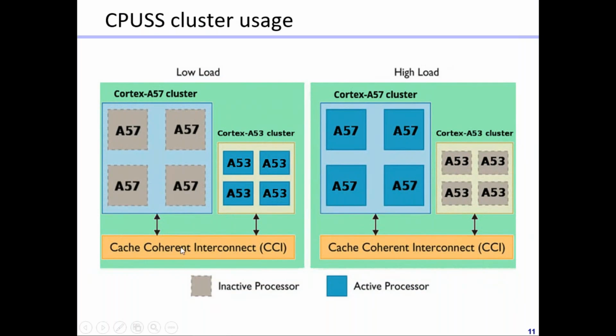No, L2 and L3 is also taken care of by the coherent interconnect. L1 and L2 is internal to the cluster, so the cluster will have logic internally to take care of it. But between L2 and L3, see, here is the L2, and here I have L3. That will be taken care of by the coherent interconnect only. It generates some kind of snoops, and through that they will get the update.